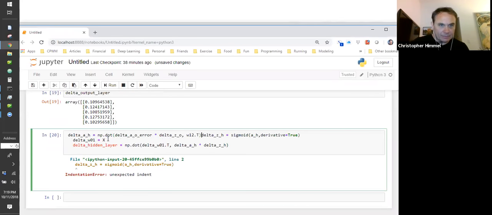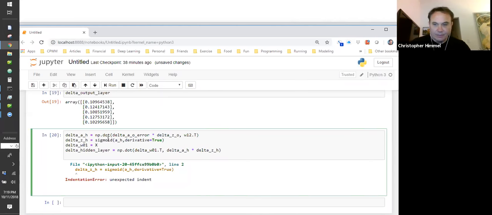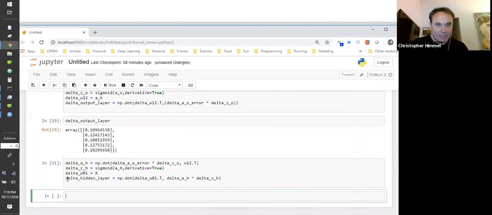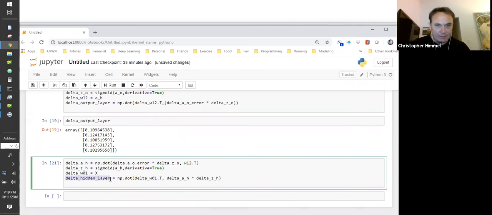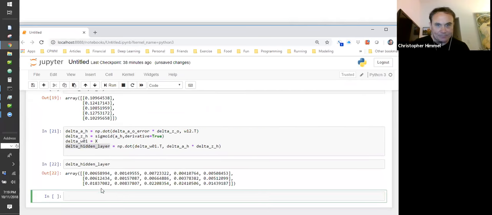Take out our extraneous stuff. Okay, so now we have delta hidden layer. So I'm going to copy, paste, and run that.